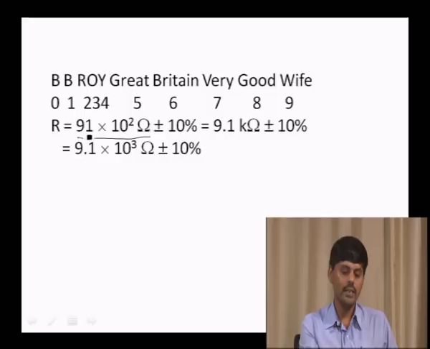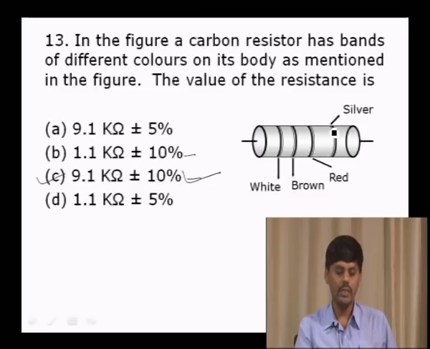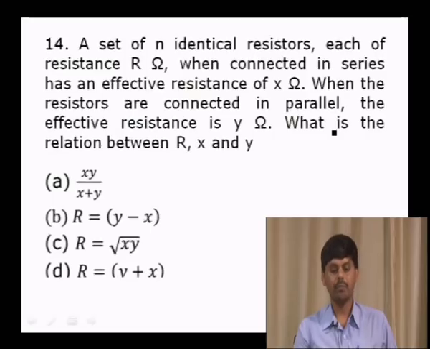So this is white, this is brown, and the value 2 is red, plus or minus silver, that is 10%. If you shift the value by placing a decimal point, it becomes 10 power 3. Therefore 9.1 times 10 power 3 is nothing but 9.1 kilo ohm plus or minus 10%. This is the correct answer. Therefore C is the correct answer.